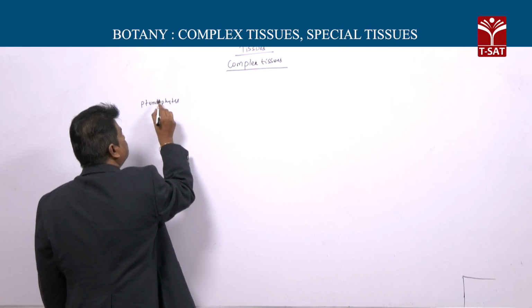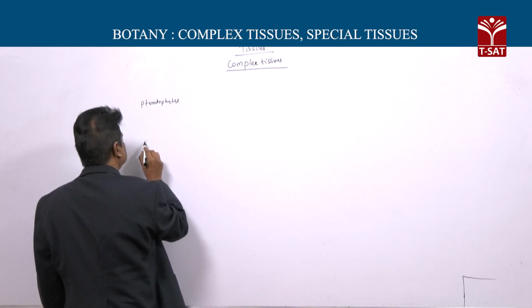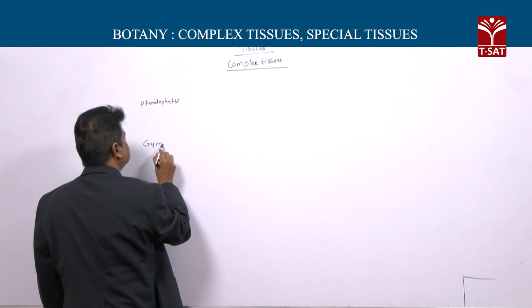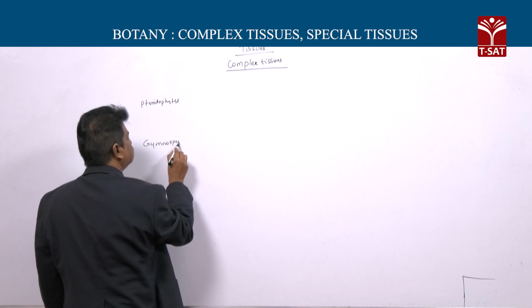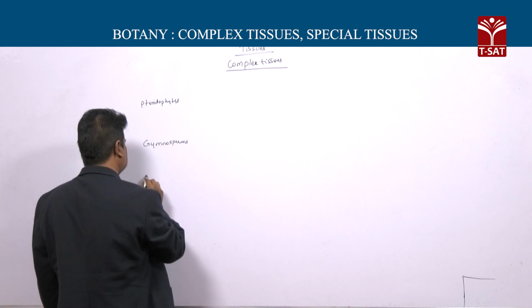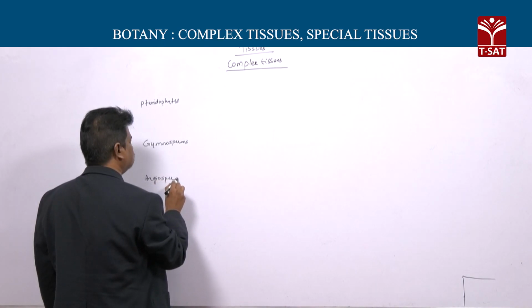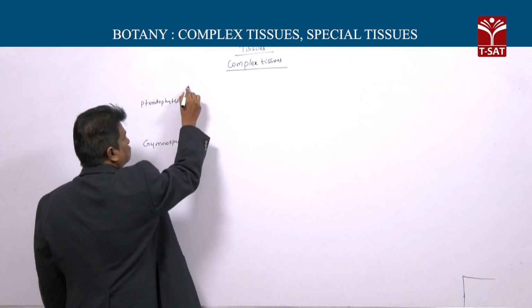Now the next one is a small tabular form: parts of xylem and phloem present in which plants and absent in which plants we can see. Here pteridophytes, gymnosperms and angiosperms. These are tracheophytes.